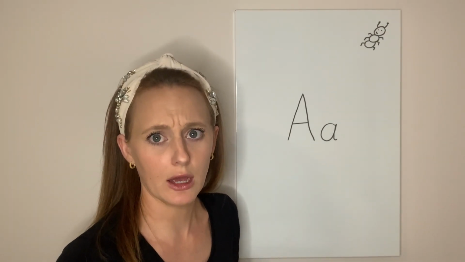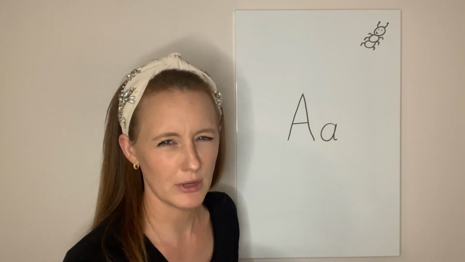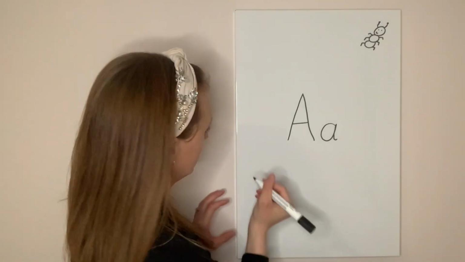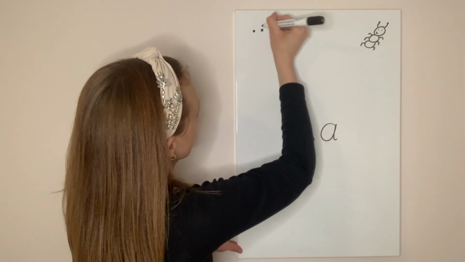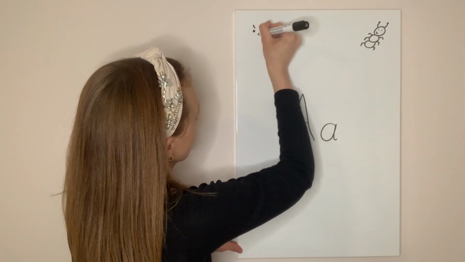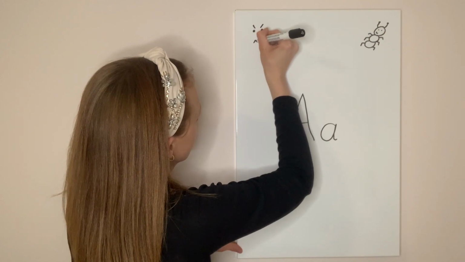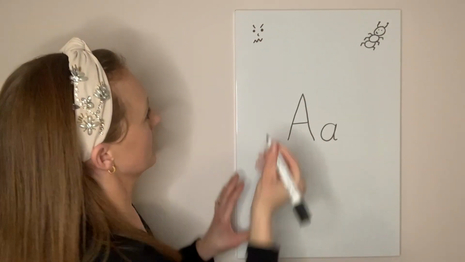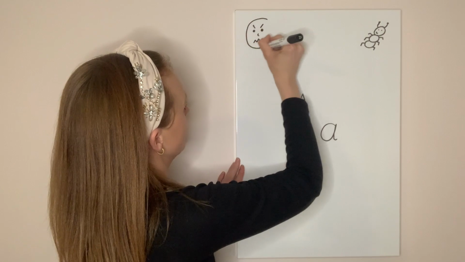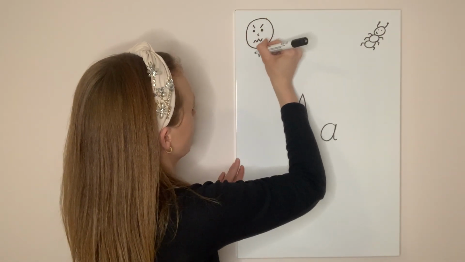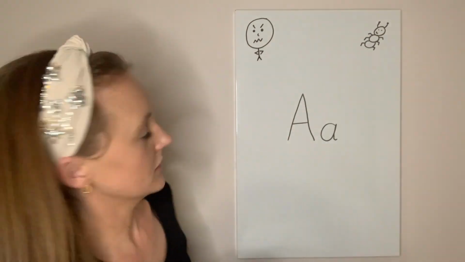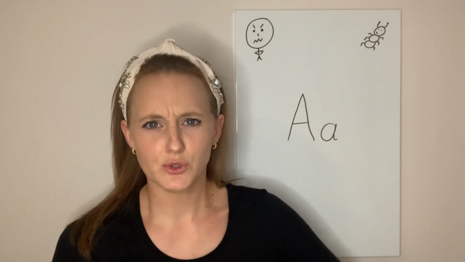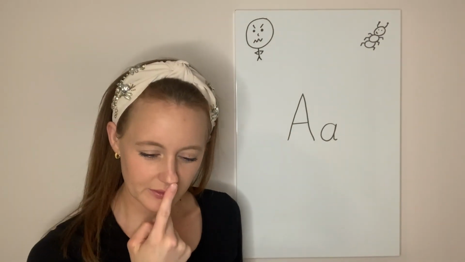Show me an angry face. Angry. Right, I'm going to draw up here someone who's angry. I'm going to give him some angry eyebrows. Oh, that person looks very angry. Putting their hands on their hips. I'm so angry. Okay, let me think of something else.